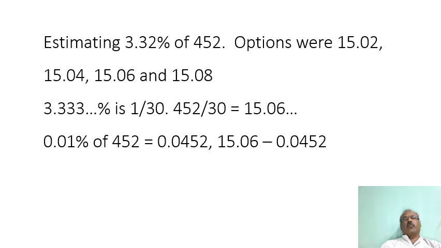But 0.01%, which is what we will need to subtract at least from the 3.33% of 452, is 0.0452. So 15.06 minus 0.0452 is closer to 15.02 than 15.04. So our correct answer would be 15.02.